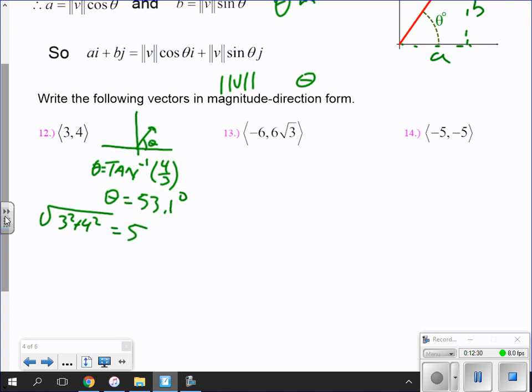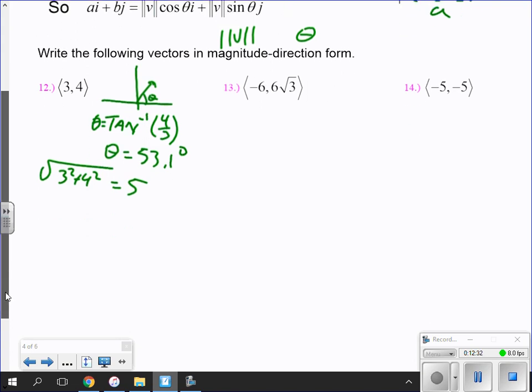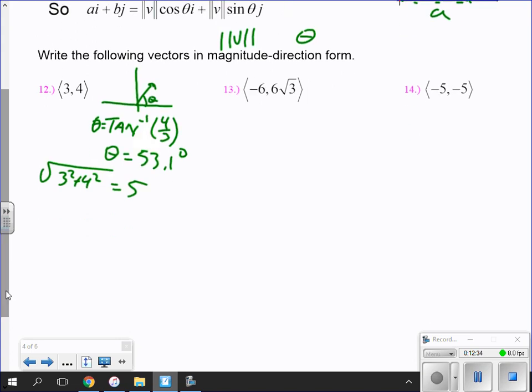It's a 3, 4, 5 right triangle. So that means we have 5 cosine of 53.1 degrees i plus 5 sine 53.1 degrees j is what we get for that one.